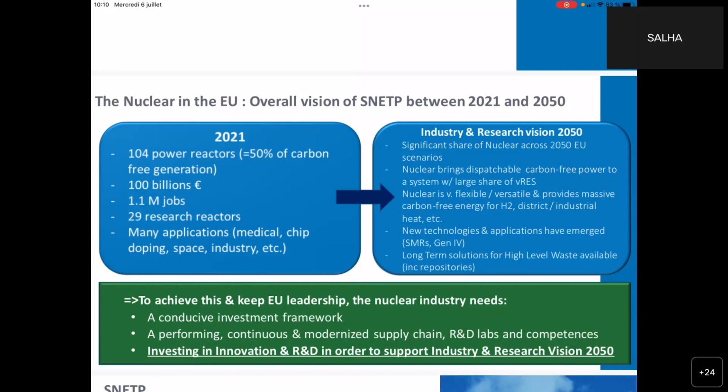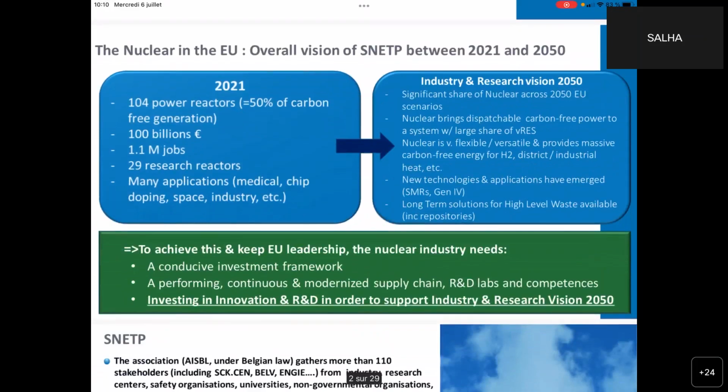So in fact, we have a future for nuclear in Europe. Whatever the politicians and the policy may say, there is an important issue to invest in training and innovation in order to support this vision for nuclear by 2050, and that's one of the goals of SNETP.